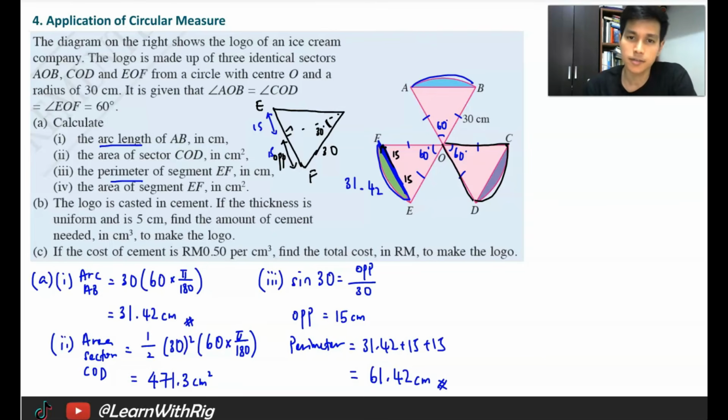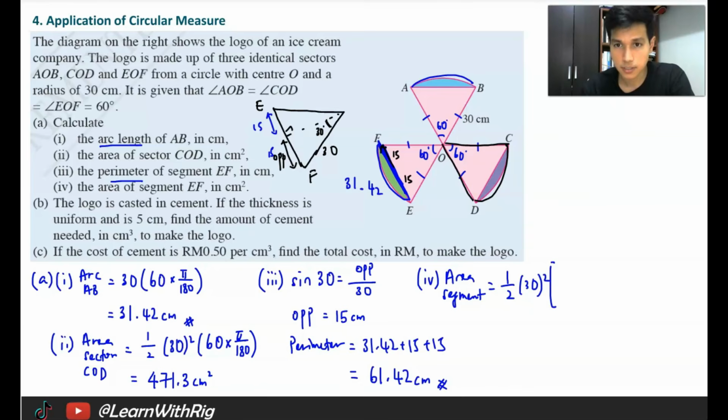Okay, next, area of segment EF. So this one, I already gave you all the formula, right? Just straight away use the formula. No need to think already. So area is equivalent to 1 over 2 r squared. What is r? 30 squared times theta is what? Theta is 60. So you have to change to radian. 60 times pi over 180 minus sine 60.